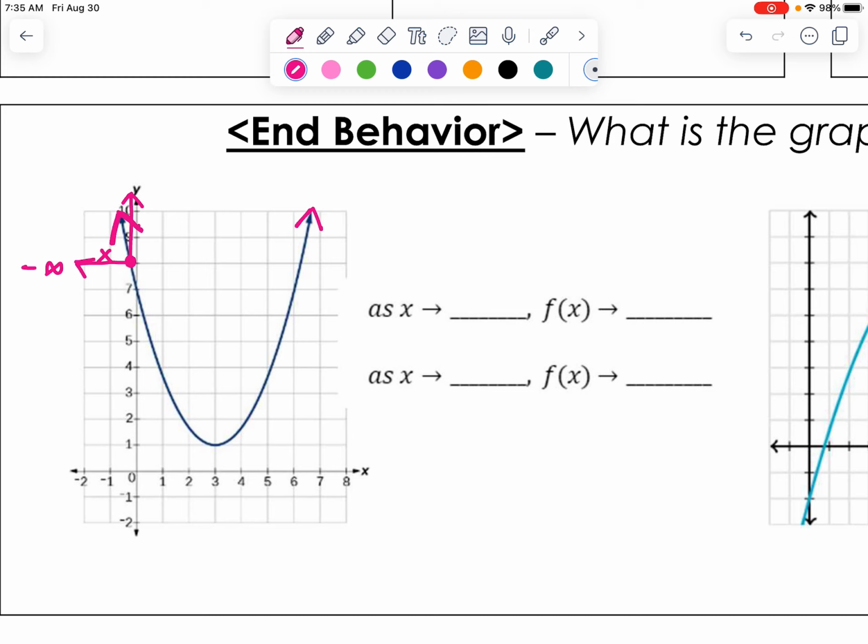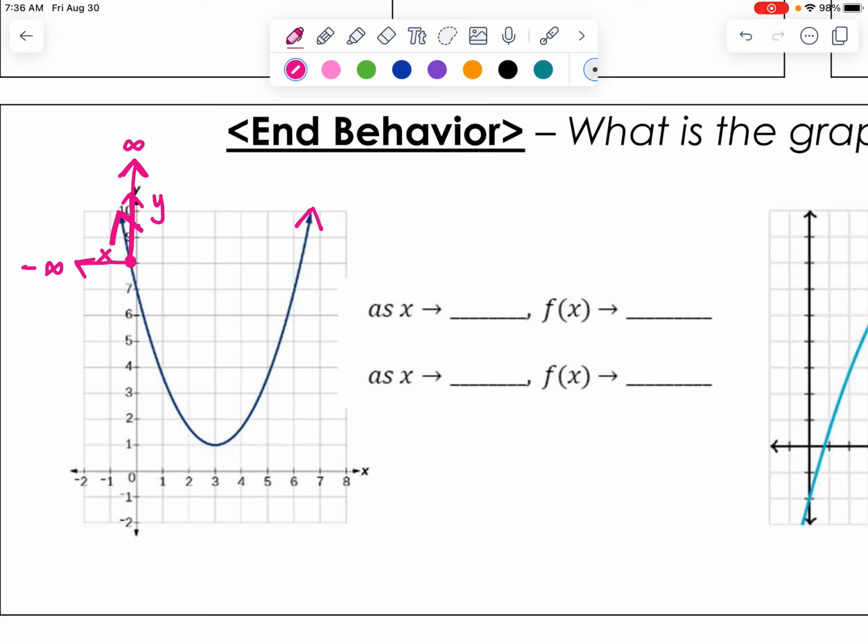What is happening to the y values? Remember, if x moves left and right, it's the y values that move up and down. We already said this end of the graph is pointing up. So the y values are going up as the x values move left. As y values go up forever, they get bigger and bigger, and the biggest number they would ever reach is positive infinity.